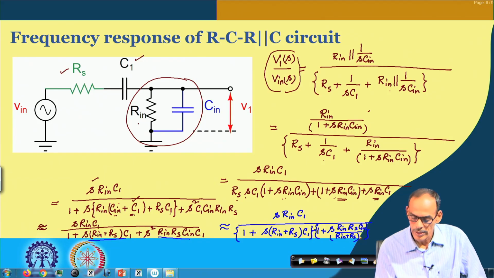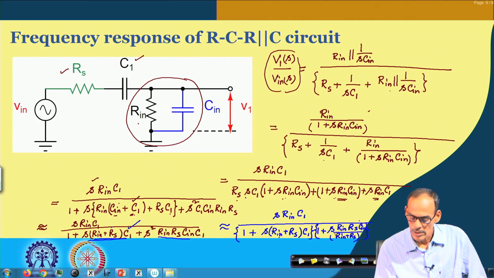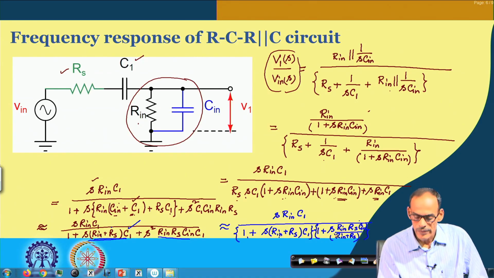So, in fact, if you multiply, of course, there is an assumption that along with this term we do have one more term which is 1 multiplied by this part, but we assume that term is very small, and then the product of this s term and this s term is matching with this.